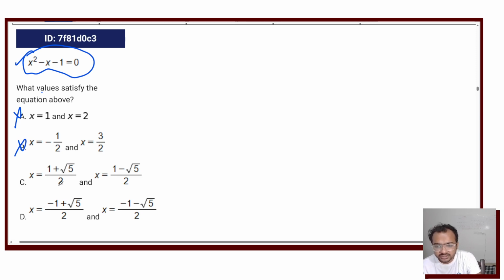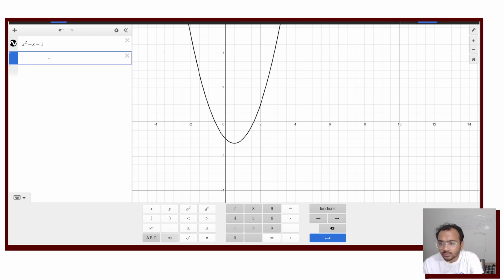But we have this in the radical form and their answer is in decimal. We can use Desmos again to see what will be the decimal equivalent of this thing over here. So let's try to plug it in. So we have 1 plus, now to type square root, either you can use these buttons over here, or you can simply write sqrt.